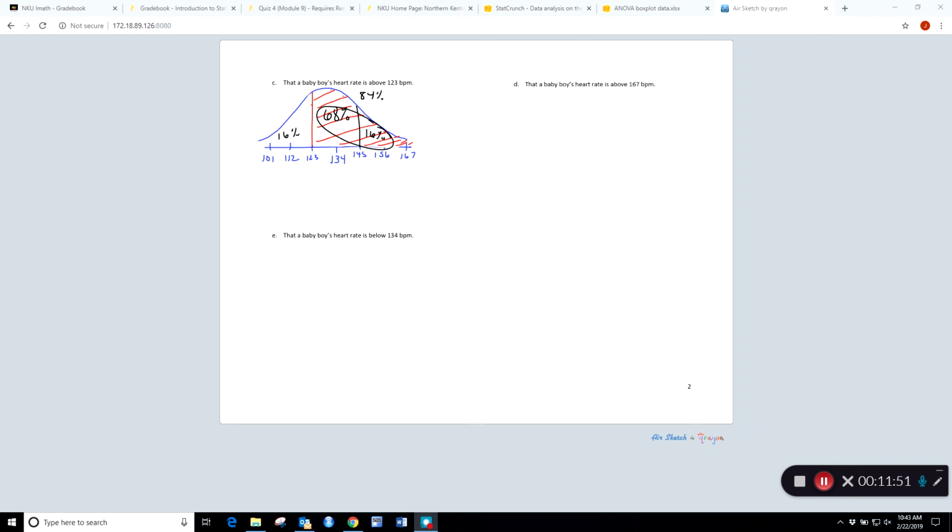And this time I could just add the 68 and the 16 together. So notice either way you get that 84%. So then I could say that 84% of baby boys have heart rates above 123 beats per minute.